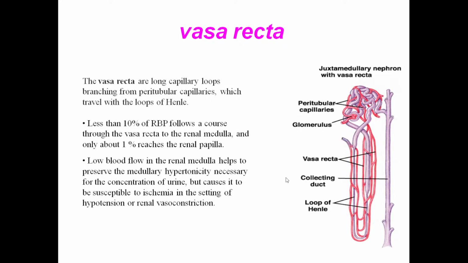Low blood flow in the renal medulla helps to preserve the medullary hypertonicity necessary for the concentration of urine, but it makes the medulla very susceptible to ischemia in the setting of hypertension or renal vasoconstriction.